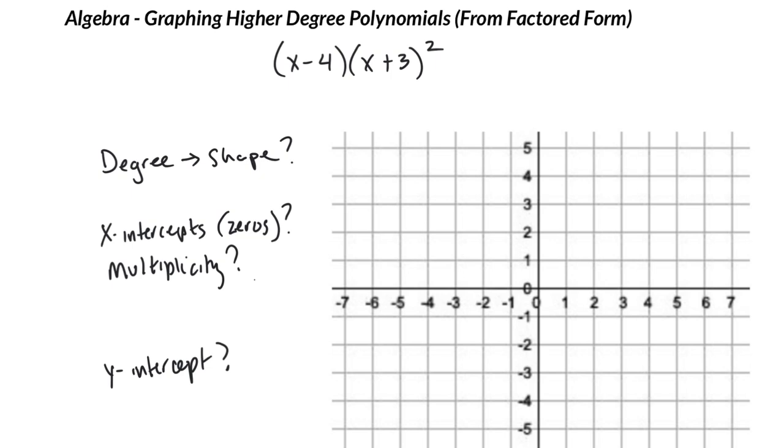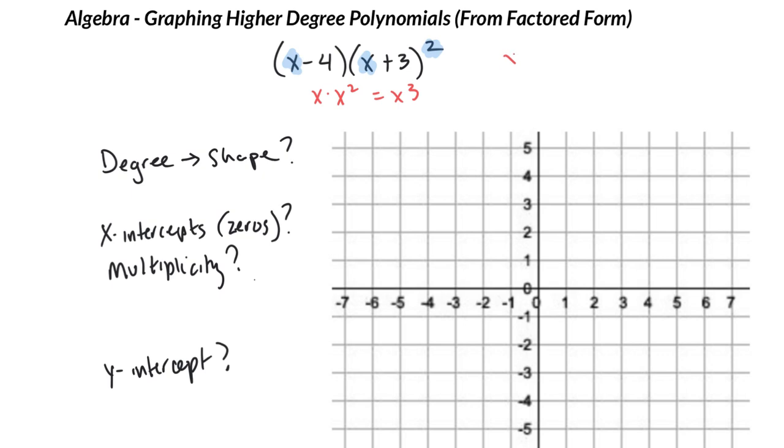x minus 4 times x plus 3 squared. The first thing I would do is note the shape, or degree, I should say. Now I have an x here, but then I have an x squared that would come from this. So x times x squared, of course, is x cubed. Now here's what this means.